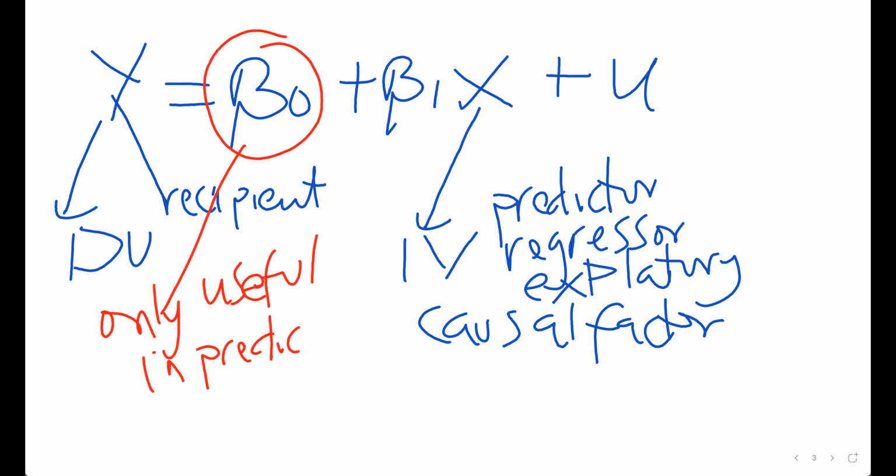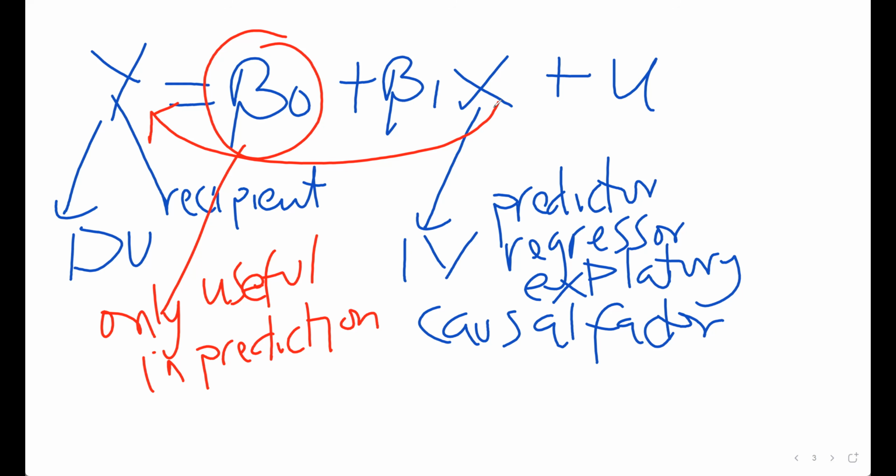What do I mean by that? Well, suppose we know the value of x, the independent variable, and we want to predict the dependent variable. Some of the content in the beta naught might help. So that is when the beta naught becomes useful. That leaves us with the last element in this regression.